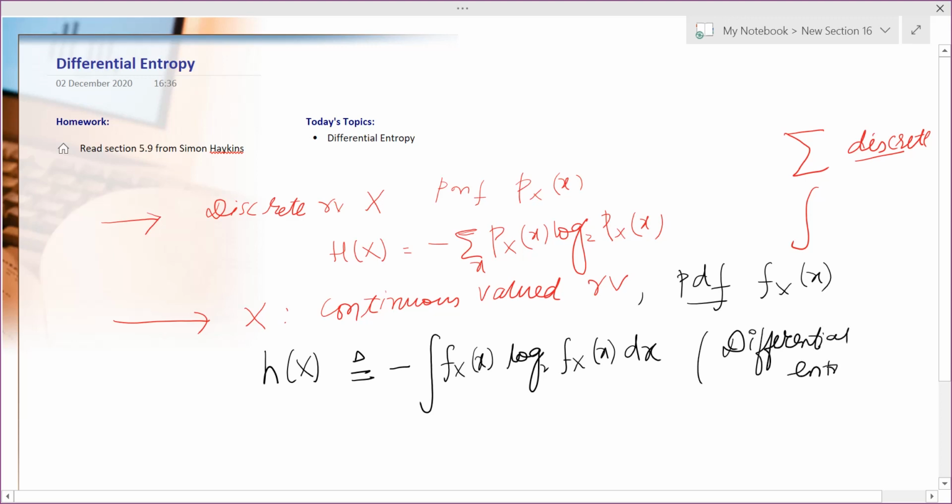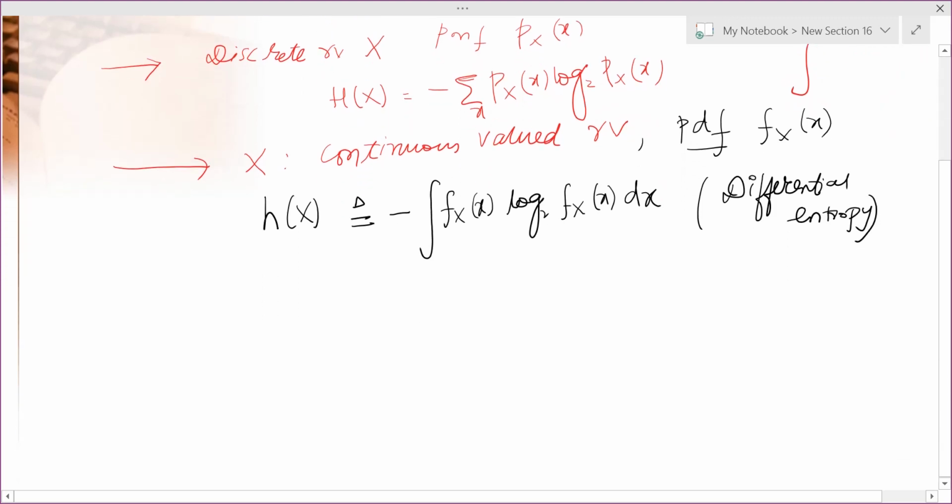Now here is a very important result about differential entropy, but before that we can equivalently define relative entropy or KL divergence for the continuous case also.